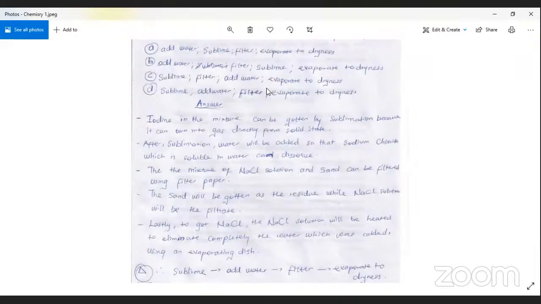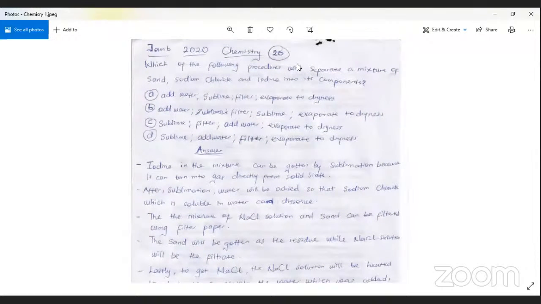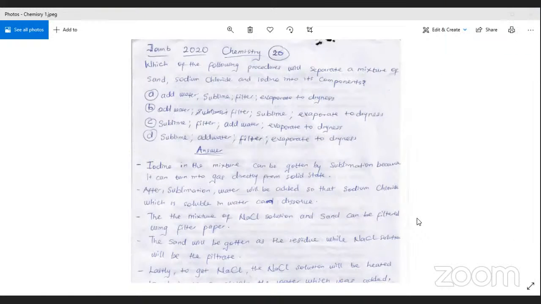Very importantly, we need to understand how the question comes. This is how it's going to come: which of the following procedures will separate a mixture of sand, sodium chloride, and iodine into its components? Do we move forward? Yes.